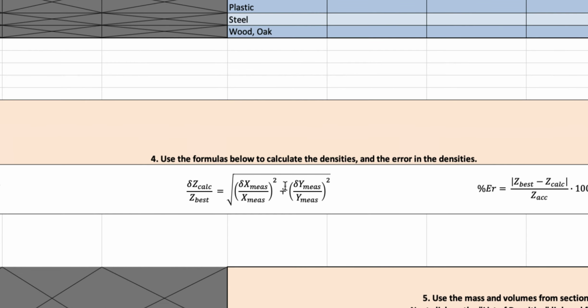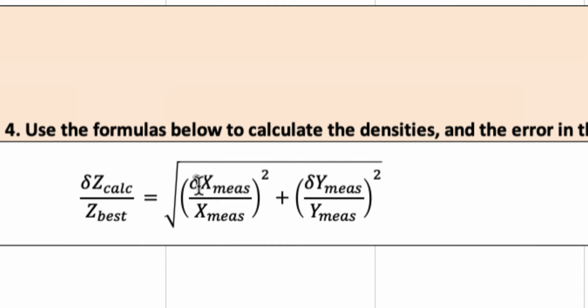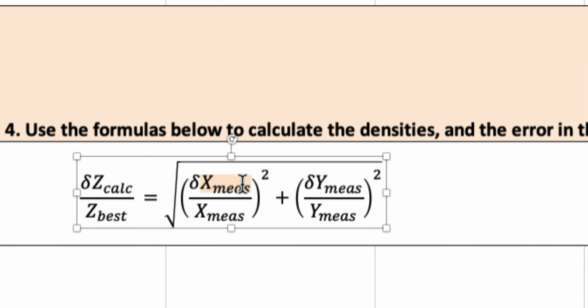So then, for example, here, this formula says the error in one measurement divided by the value for that measurement squared plus the error in another measurement divided by that measurement squared. That's going to equal the error in the calculated value divided by the actual value.